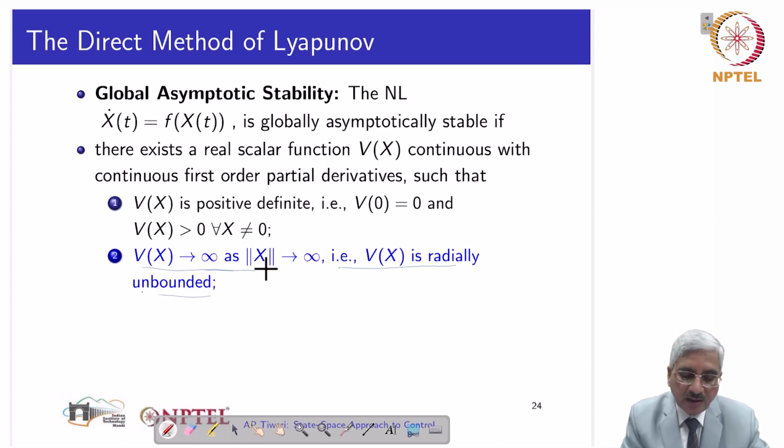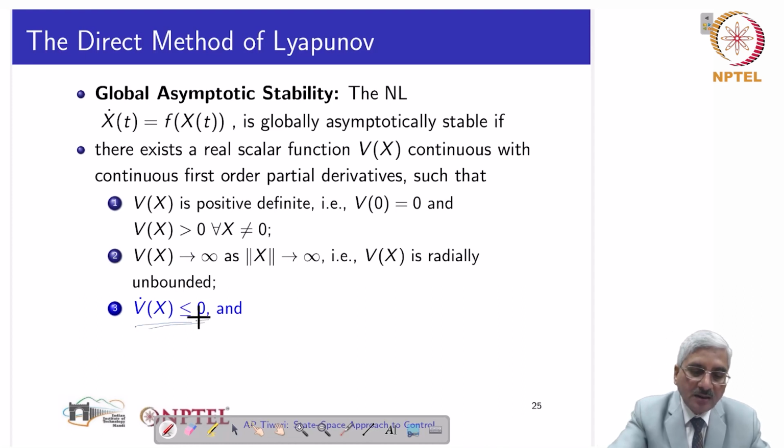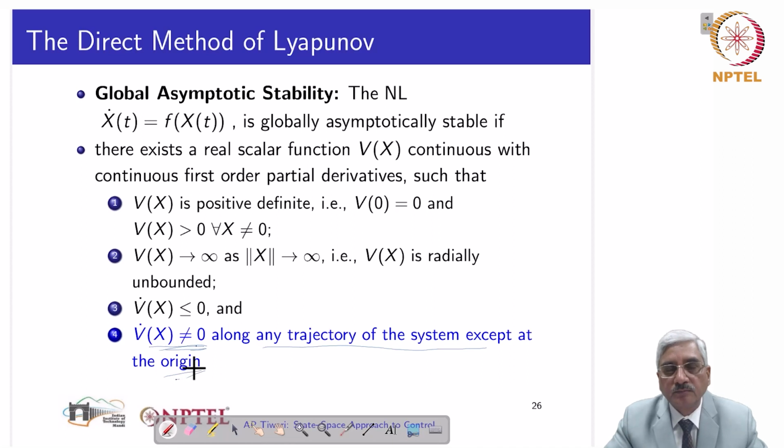That means whenever x tends to infinity, V(x) also tends to infinity. So if all this happens, and V dot is negative semi-definite, it should be non-zero along any trajectory of the system except at the origin.